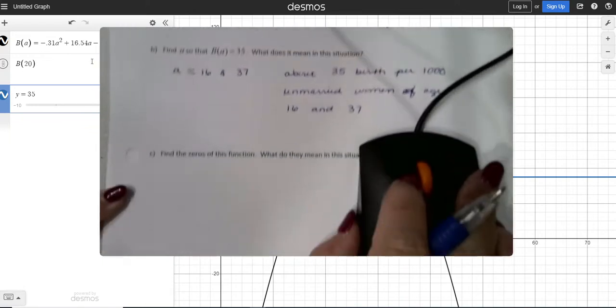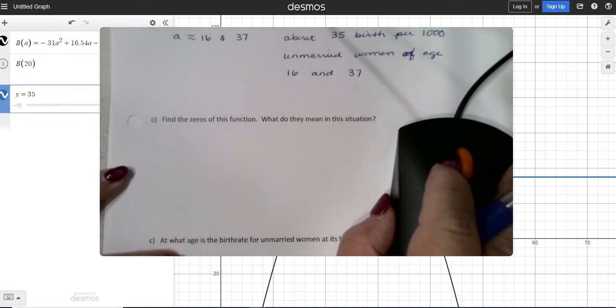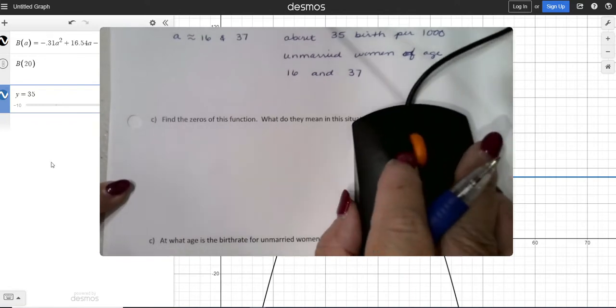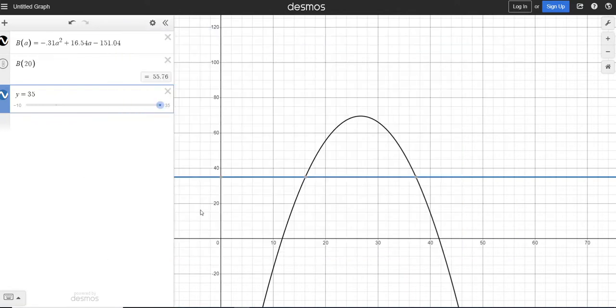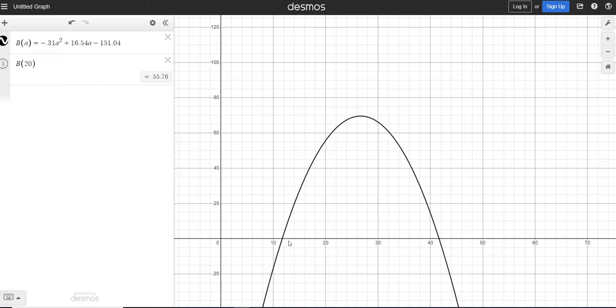All right, next question. Find the zeros and explain what they mean. The zeros, the x-intercepts, right? I'm going to get rid of this line because we don't really need it. So my x-intercepts or zeros are here and here. And again, I'm going to round those to the nearest year for age. So I'm going to say the first one's about 12 and the second one's about 42.